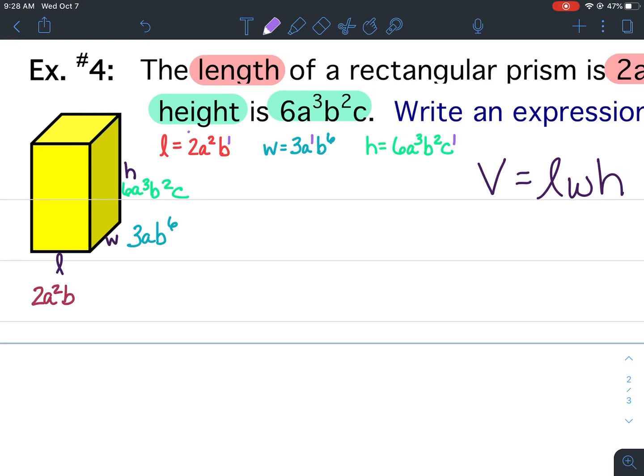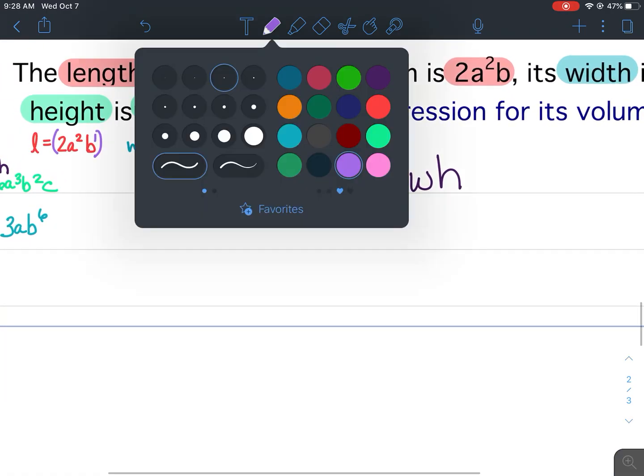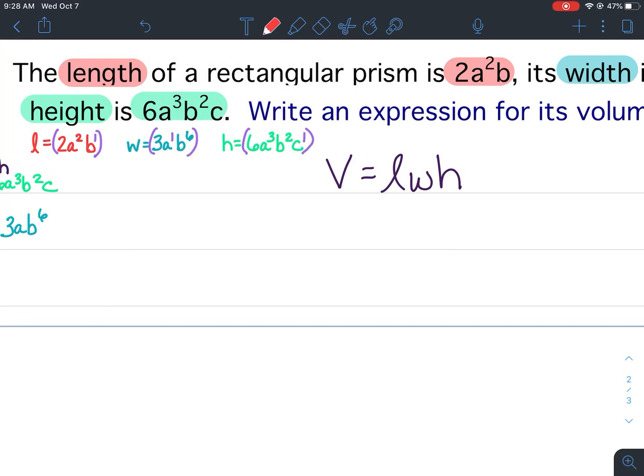Now, I want you to put parentheses around the length, put it around the width, and put it around the height. Now we're ready to sub those numbers into the equation. I'm going to move it over just slightly.